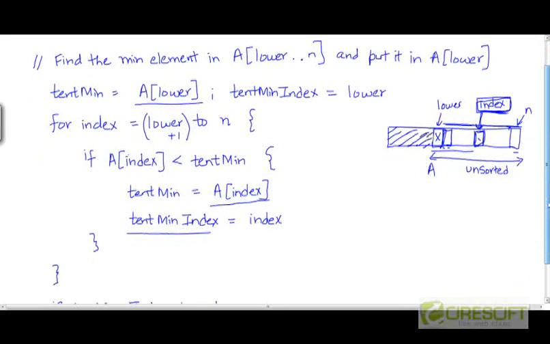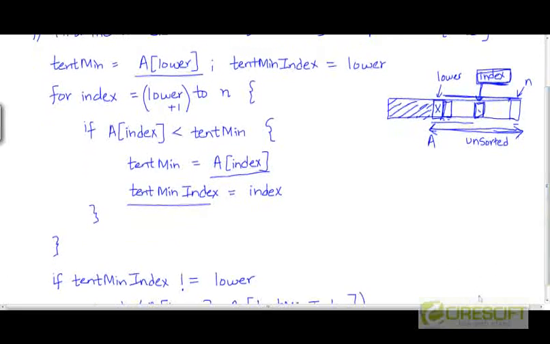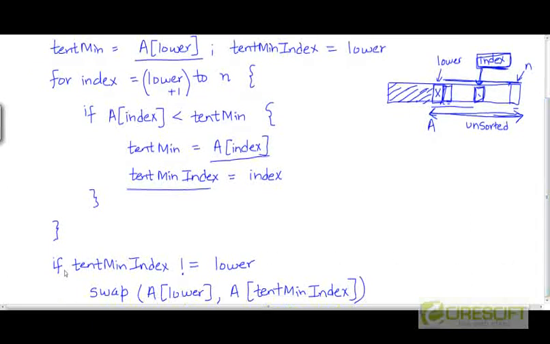Once we exit this for loop, our tentative minimum is actually going to be the absolute minimum value in this unsorted portion. You probably all know this.